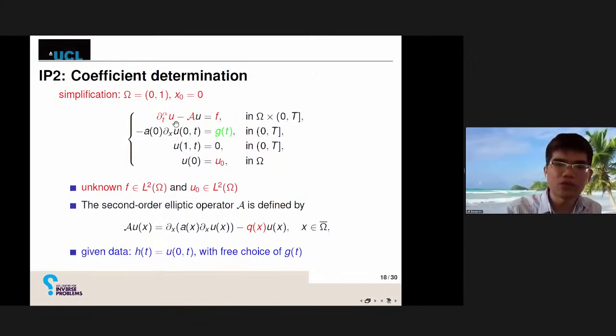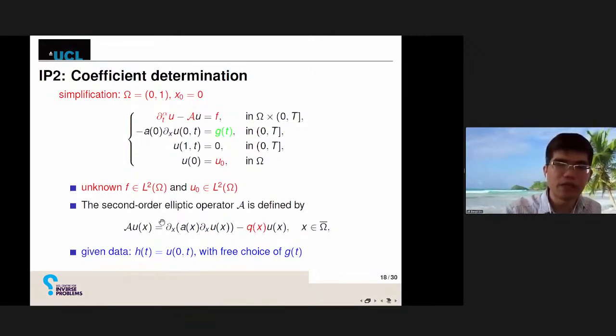So we still have the source, alpha and U0 unknown. And also the elliptic operator, I'm trying to be less ambitious, so I only assume that the lower order term is unknown, but the leading term is known. So this is known, but the second term Q is unknown.